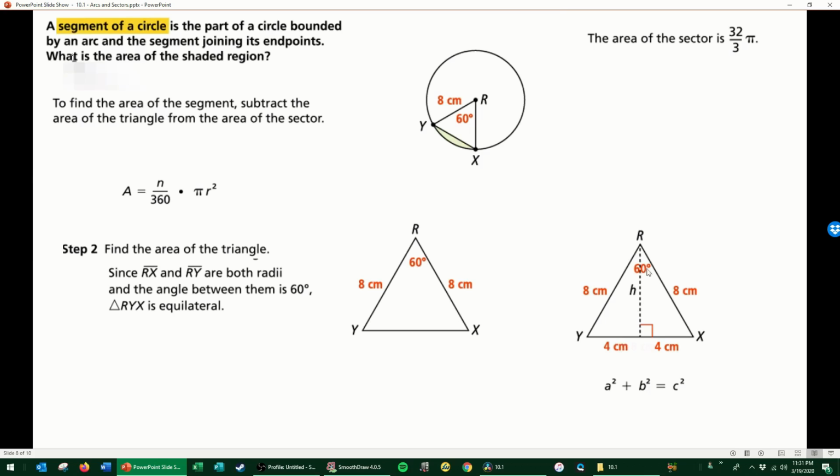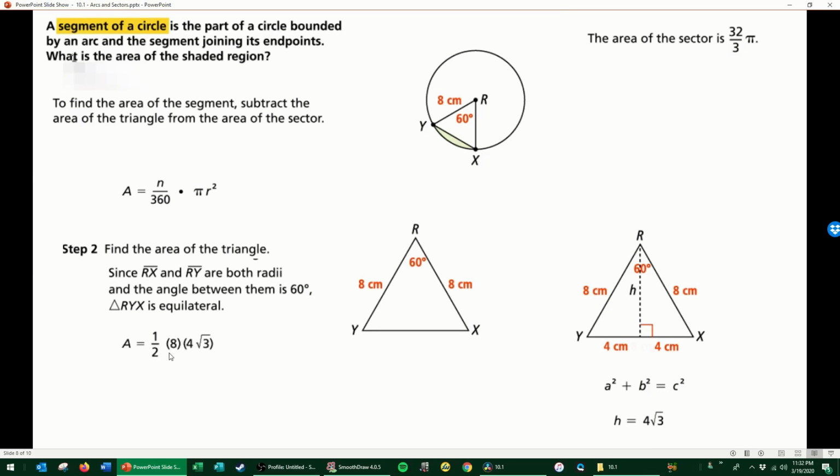And we can do the Pythagorean theorem to find the height of the triangle, and we get 4 square root of 3. What they did there is 4 squared plus h squared equals 8 squared. 16 times 3, yeah, it's 48. So we have a height of 4 square root of 3.